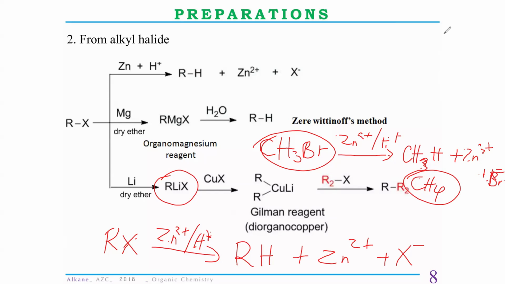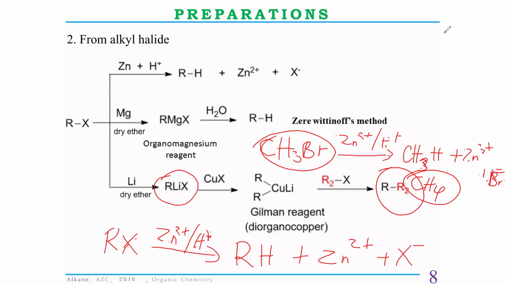First you have your alkyl halides, then you add lithium and dry ether, then you are going to have your Gilman reagent. This Gilman reagent in the presence of copper halides will now react, and the Gilman reagent will further rearrange itself to produce the alkane.